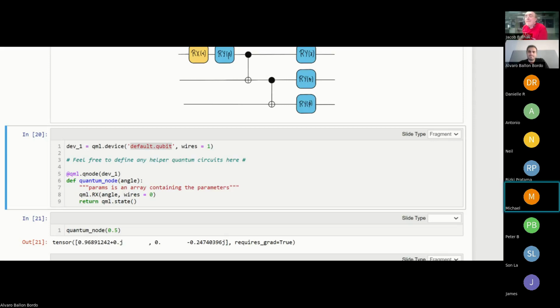To piece that apart a little bit: realistically, the quantum computer is attached to a traditional computer. You could theoretically have a quantum computer print to paper cards or something, but nobody's realistically engineered that.